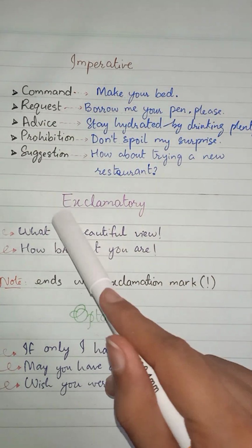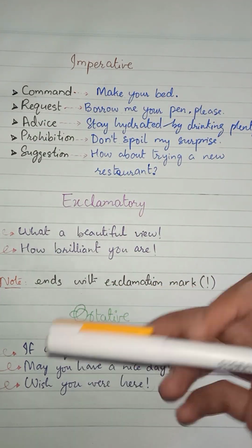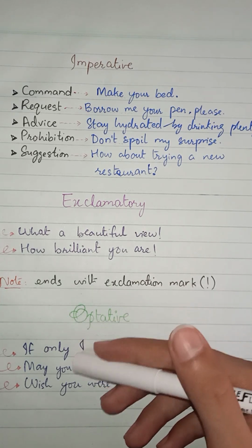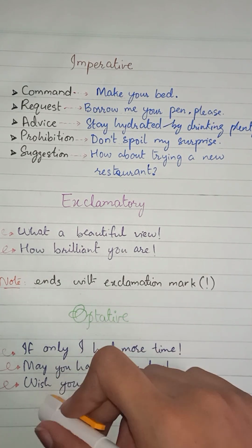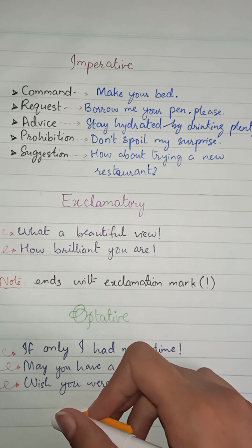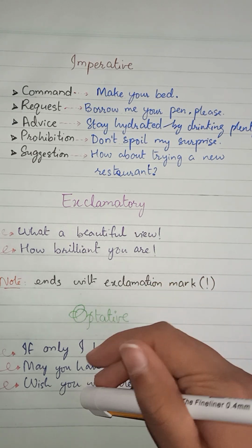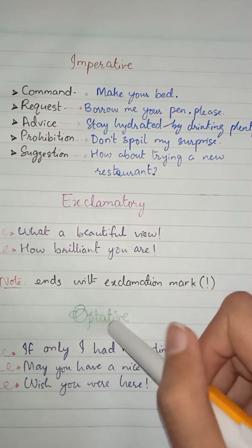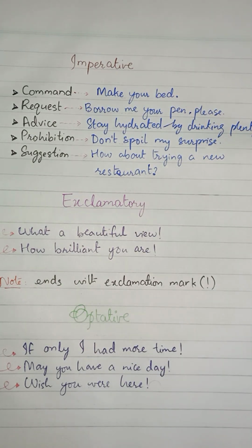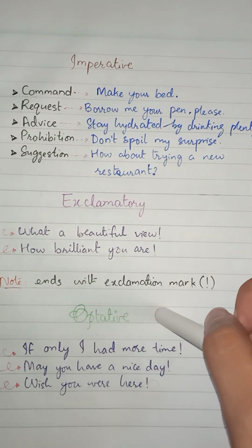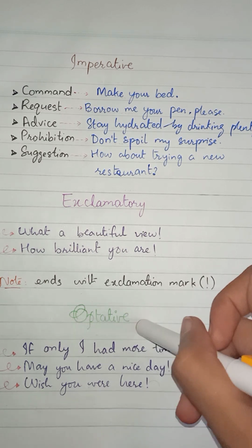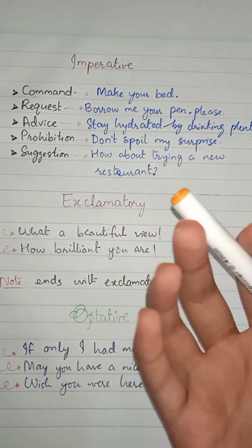And in terms of advice, you advise someone, and it is prominent from the sentence that you are advising someone, right? For example, stay hydrated by drinking plenty of water. I could not write of water here, so ignore it. You can also say don't eat too much sugar.